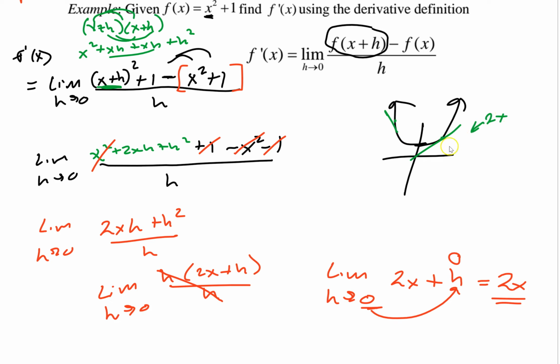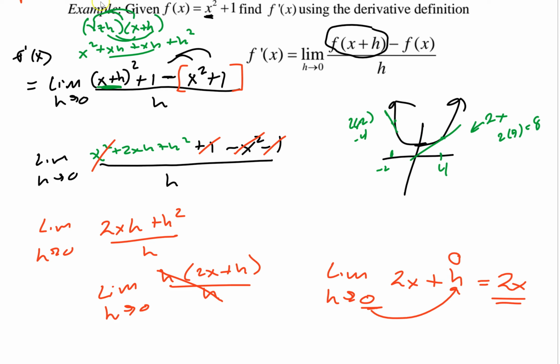So if I want the slope of the tan line at 4, you just got to plug in 4. So around 8, makes sense. If I want at negative 2, I just got to plug in negative 2, and I'll get negative 4. Again, notice it's going down. Makes it plausible. Negative, going up, positive.